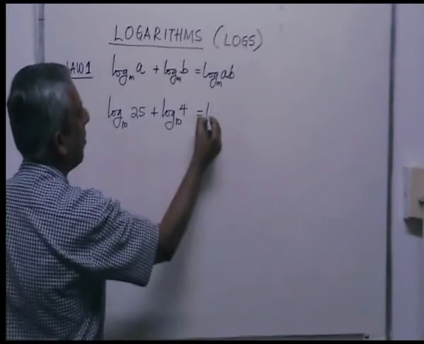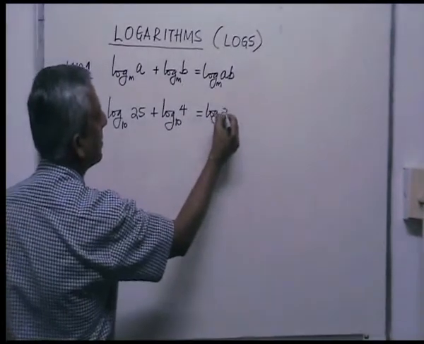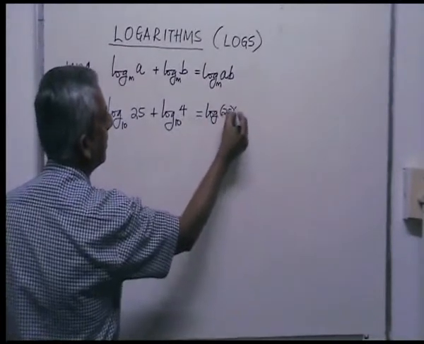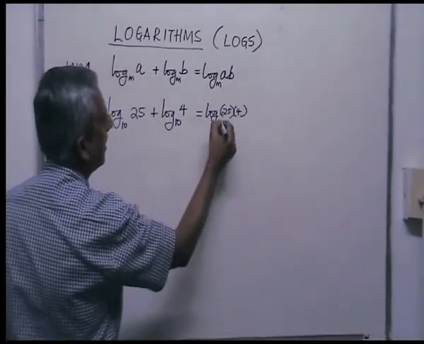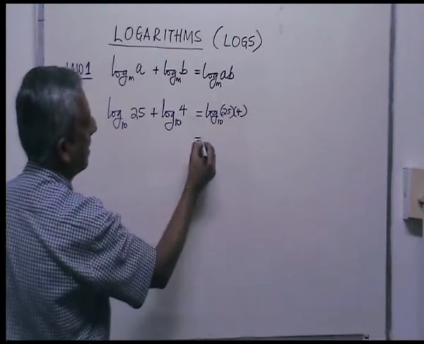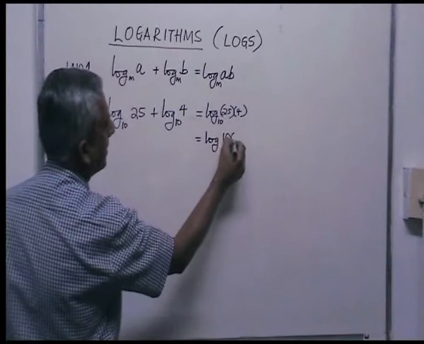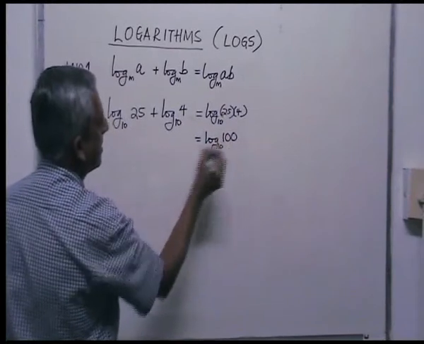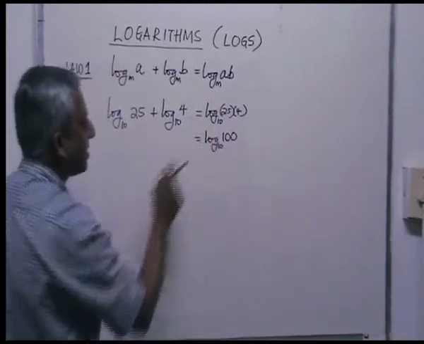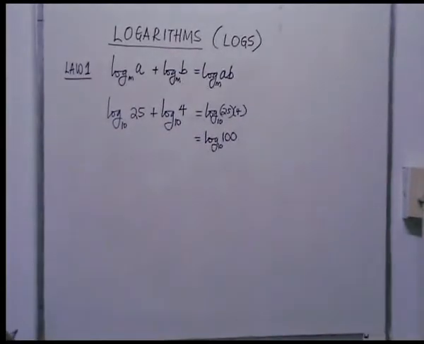So the answer will be log of 25 times 4 and the base is 10. And if I simplify that, it becomes log of 100 to the base 10. I've chosen to write down the base this time.